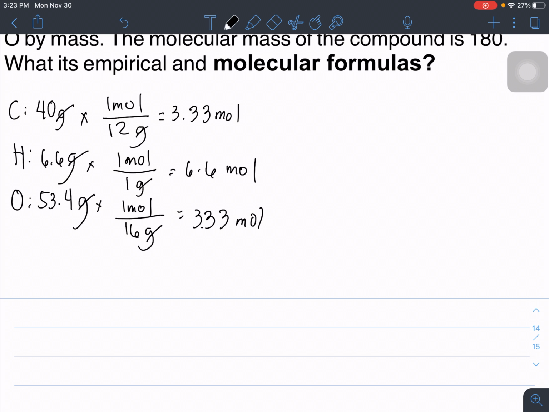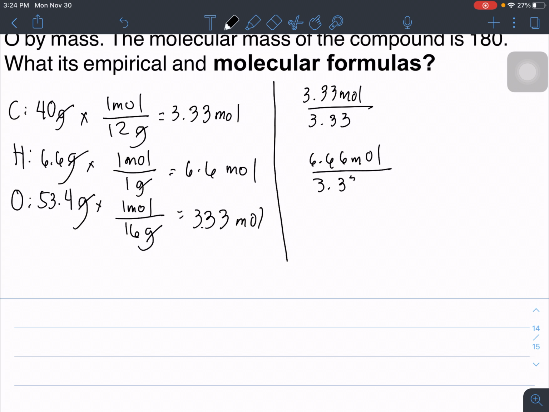Okay, so divide all the number of moles with the smallest number of moles we generated. So among the three, the smallest number of moles is 3.33. So this will be 3.33 moles divided by 3.33 for carbon. For hydrogen, 6.66 moles divided by 3.33 moles. And for oxygen is 3.33 moles divided by 3.33 moles. So we will generate that this will be 1, this will be 2, and this will be 1.